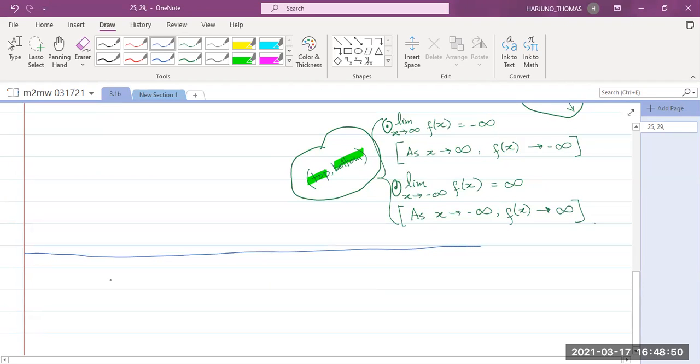Yesterday, I said this. Polynomial P(c) equal to 0 by definition means c is a zero of P(x).